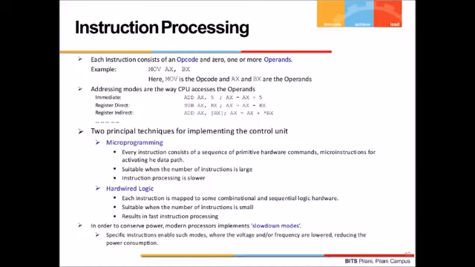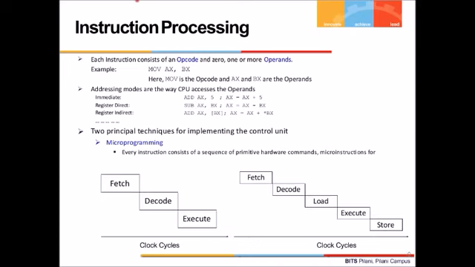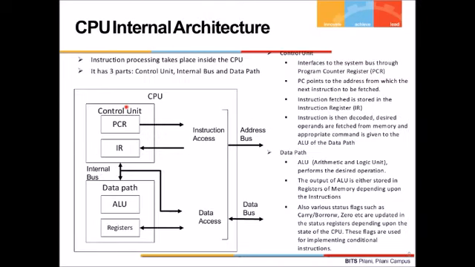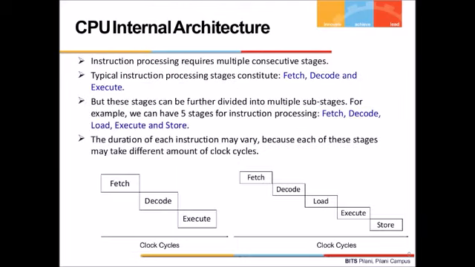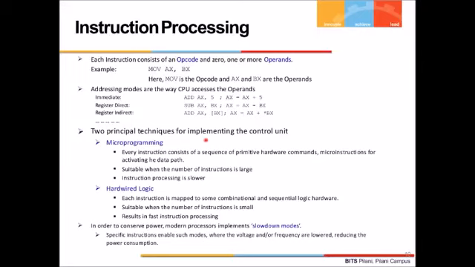Then there are two principal techniques for implementing the control unit. If you remember, this is the control unit, where the program counter and instruction decoding are. Primarily we are talking about instruction decoding here, which has two ways of doing it. One is microprogramming. Every instruction consists of a sequence of primitive hardware commands or micro instructions for activating the data path.